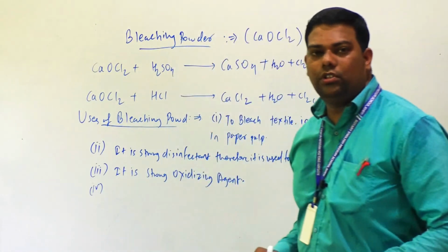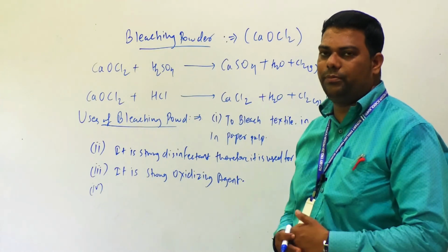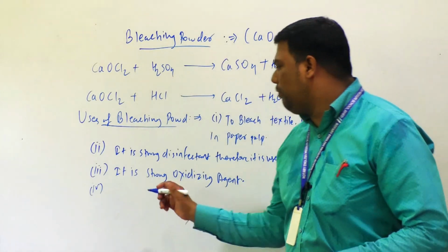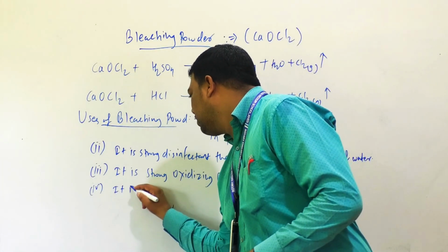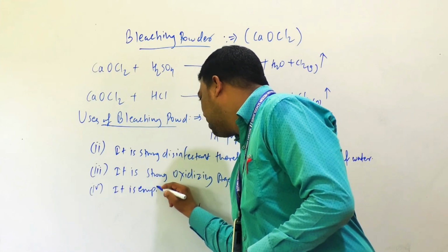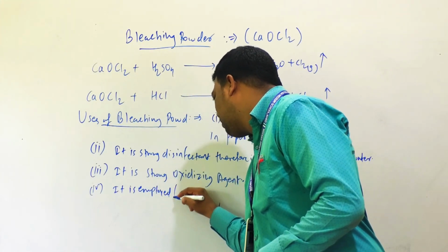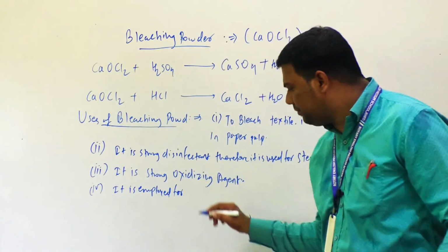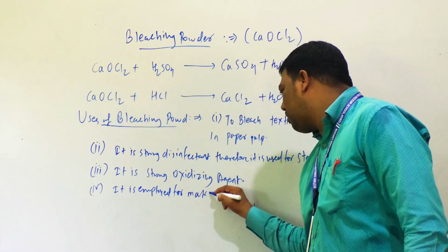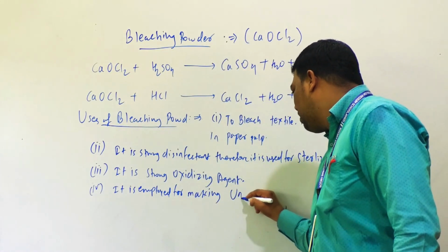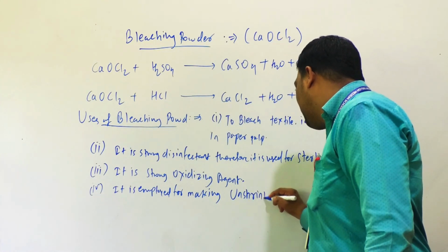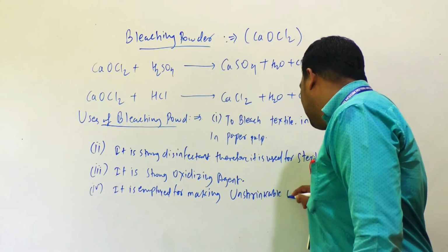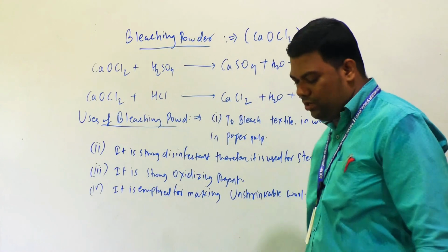Now the fourth use of this bleaching powder: it is employed for making unshrinkable wool.